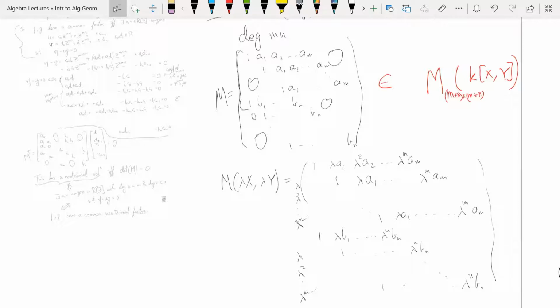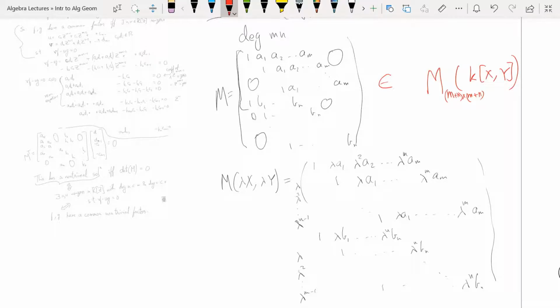So what we can do is multiply the second row by λ. Then the factor of λ you can factor out from the first column and second column, they all agree. Similarly, the third row you multiply by λ squared, the fourth row by λ cubed, and so on, till you reach the nth row, you multiply it by λ to the power n minus 1.